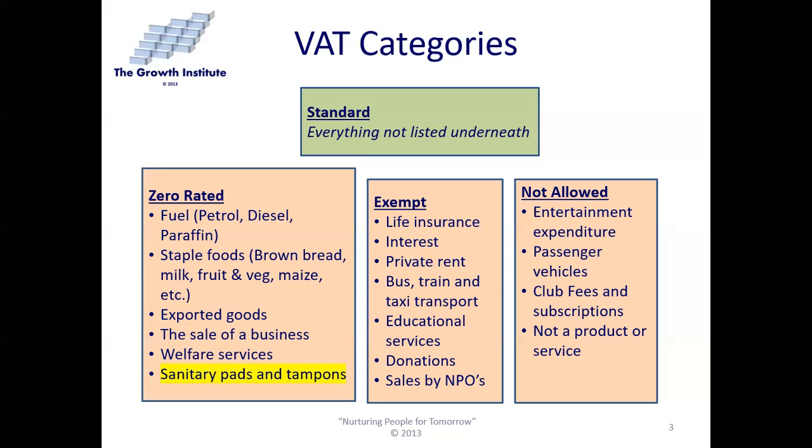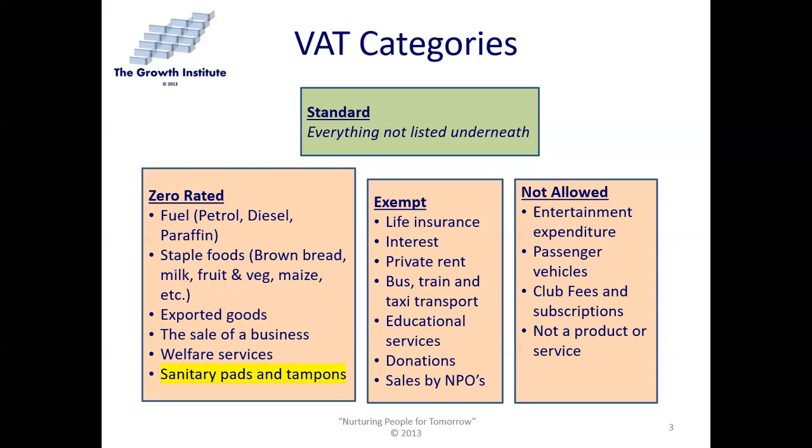Certain things are just not allowed, so you will pay VAT on it, but you are not allowed to claim back the VAT for business purposes. That would include entertainment expenditure, passenger vehicles, club fees and subscriptions, and anything that is not a product or service. Just a note there on club fees and subscriptions. If it is the gym, then those fees will not be allowed.